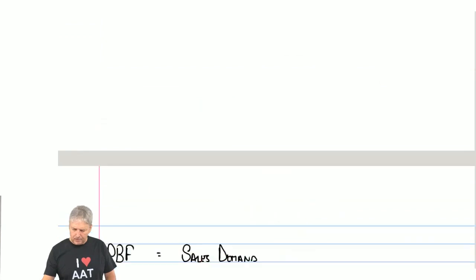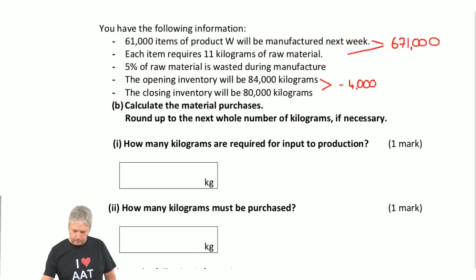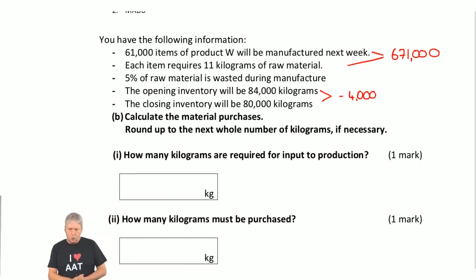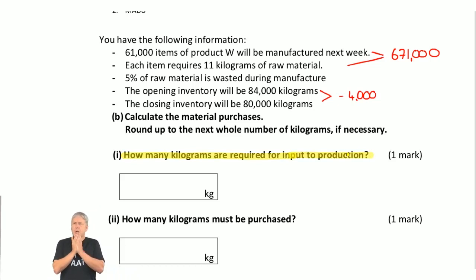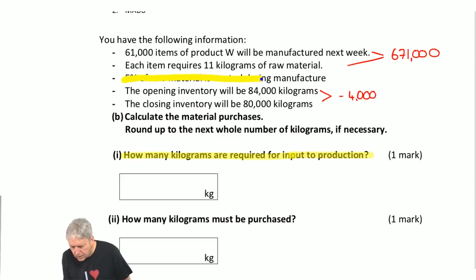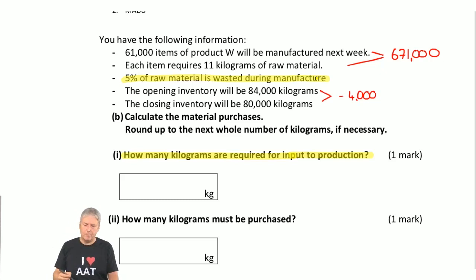So my question to you is this. How do we go about it? Well, first of all, we want how many kilos are required for input to production. So, input to production, where do we have the loss? The loss is something like 5% during manufacture, okay? So presumably to get the kilos that we need to put in, we're going to have to include the loss that we have suffered. Now, this is precisely the same issue that we had before.